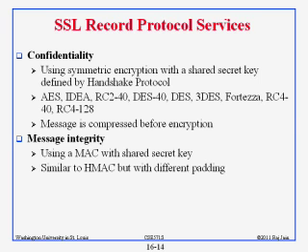In HTTP, there is a lot of redundancy, right? And therefore, the message is compressed before encryption, that reduces the number of bits, and then the integrity is done with whatever we selected, HMAC, similar to HMAC but different padding.